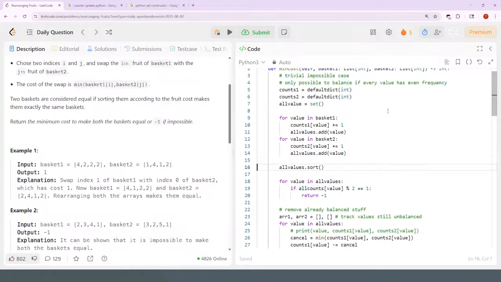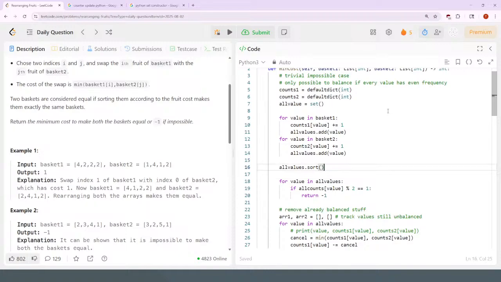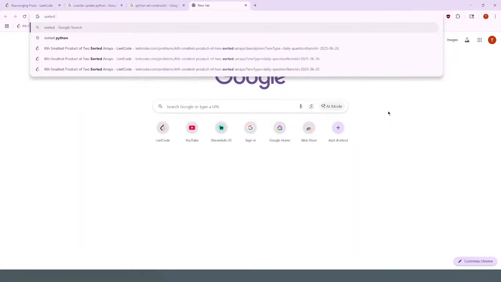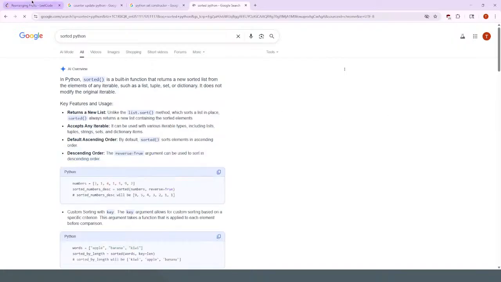And then I can say all values is equal to the sorted version of this. Sorted of all values. I think that's right. Sorted returns a list from an iterable. Okay.